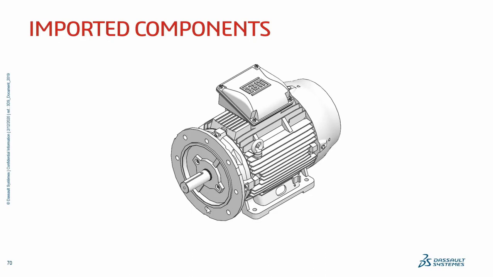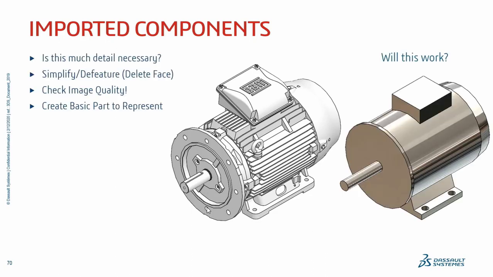If you are getting any STEP file, save it in a single body SolidWorks part file first, then add it into the assembly. You have to simplify the model, because you just want to use it for representation, not the whole detail, because you are not manufacturing that part.